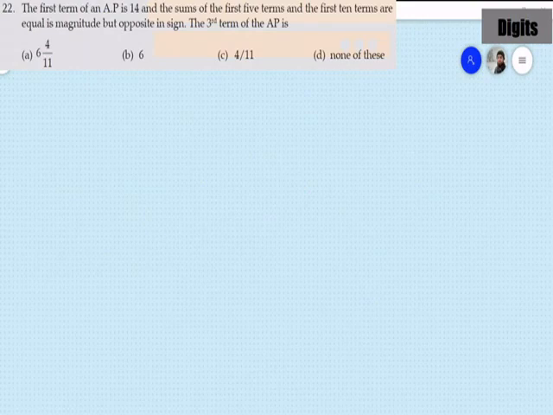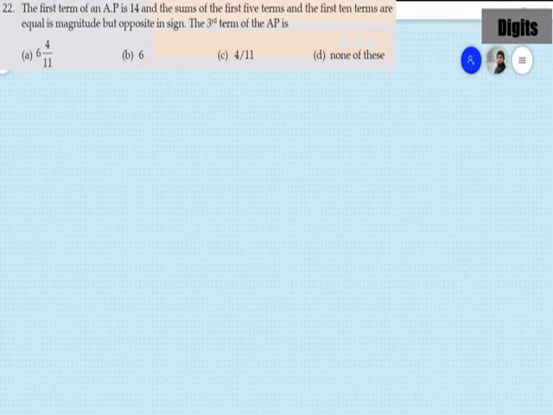Number 22. The first term of an AP is 14, and the sum of the first 5 terms and the first 10 terms are equal in magnitude but opposite in sign. The third term of AP is.